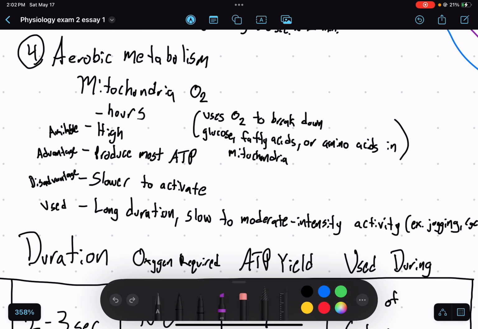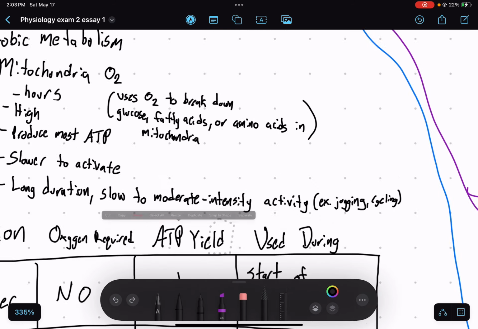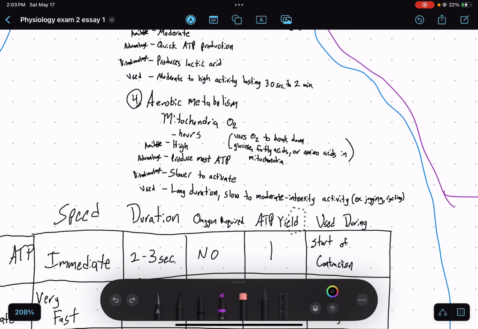The aerobic metabolism uses oxygen to break down glucose, fatty acids, or amino acids in the mitochondria, and this is high in availability. This is the one that produces most ATP. You're going to see this in your Ironman people, in your marathoners, whenever you jog, whenever you cycle, doing things like that, because it produces the most ATP and it has high availability.